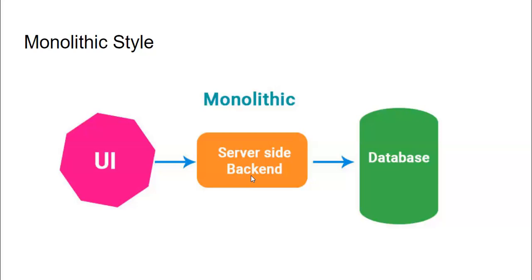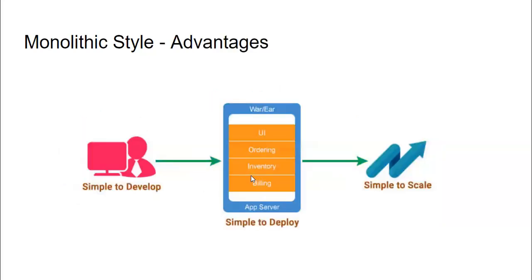The monolithic style has several advantages. Because of that, it was very popular. The first advantage is that the initial development is very fast. With one application, it is relatively easy to add additional features, especially when the application is relatively small.